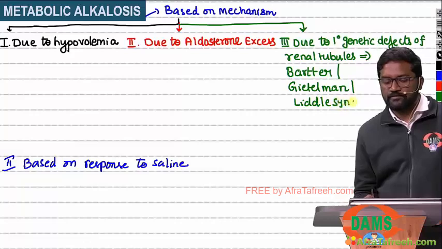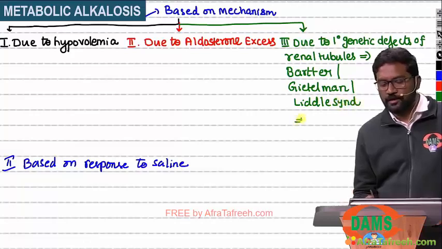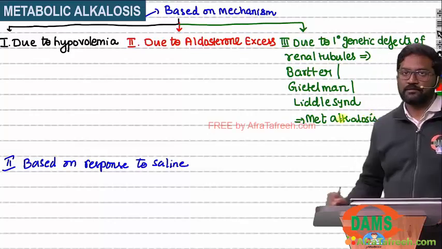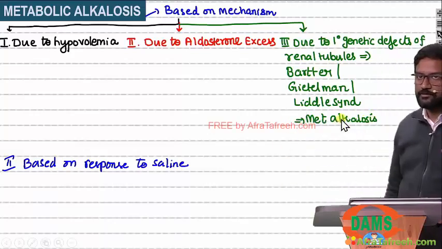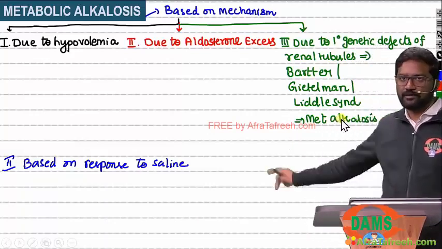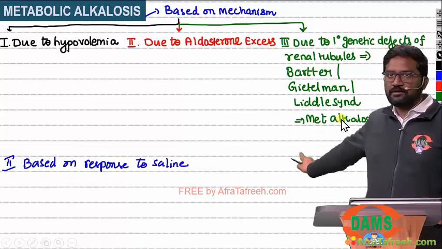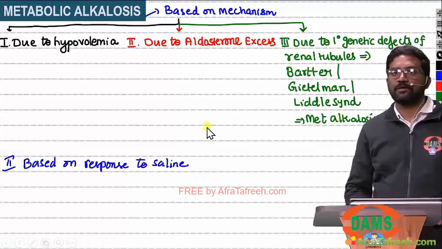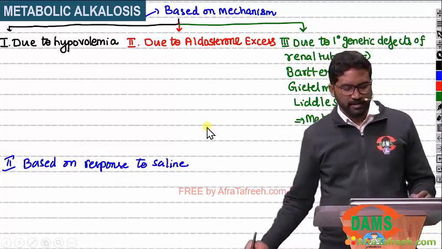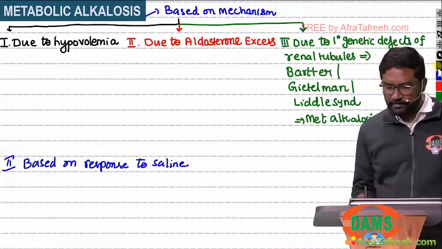In all these genetic defects, the end result will be metabolic alkalosis. So these three, Bartter syndrome, Gitelman syndrome, Liddle syndrome, are extensive topics of discussion in your nephrology. There you will understand why in these three ultimately there is metabolic alkalosis. Now let us see category 1 and category 2.